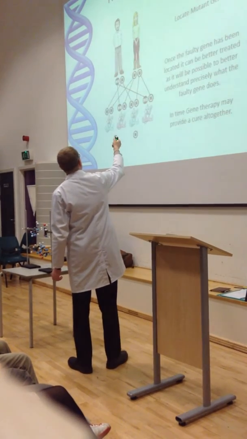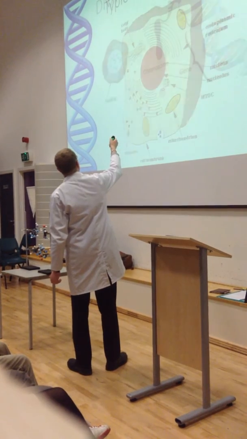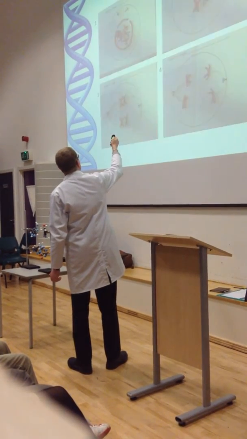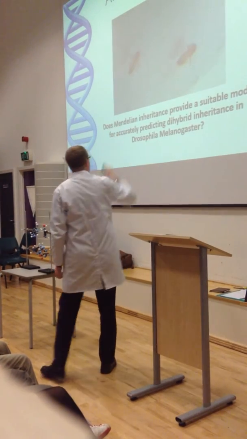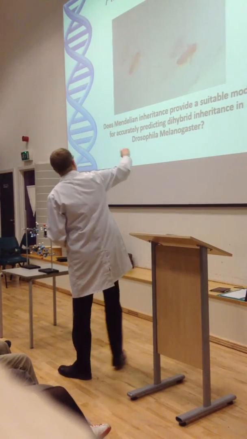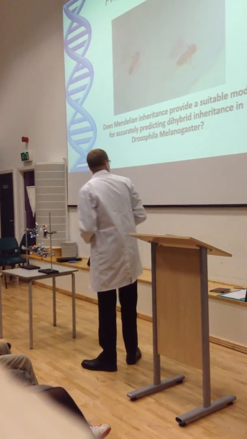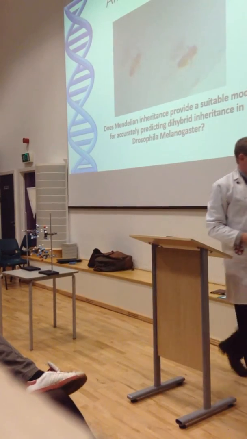One of the images I've got, I think it's one of the first ones. You can't make it out here, but when you're looking at it on that screen there, these are the vestigial Drosophila.